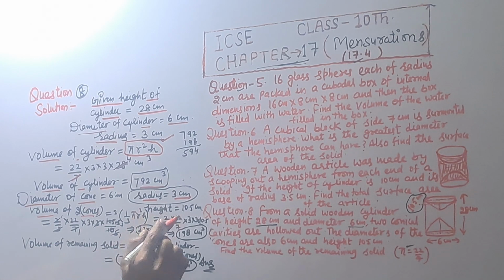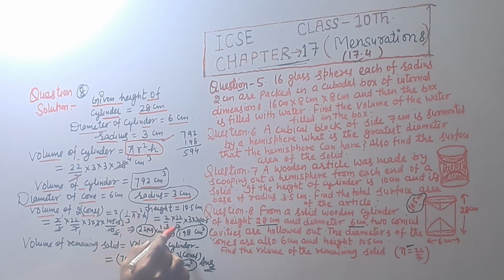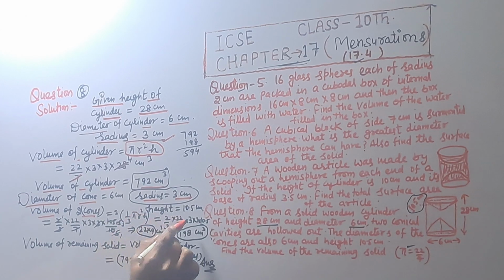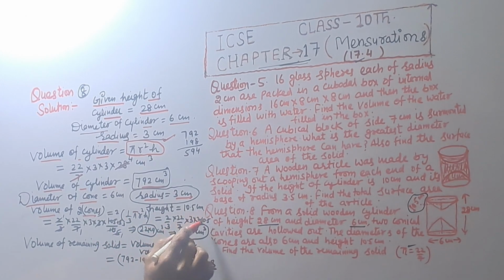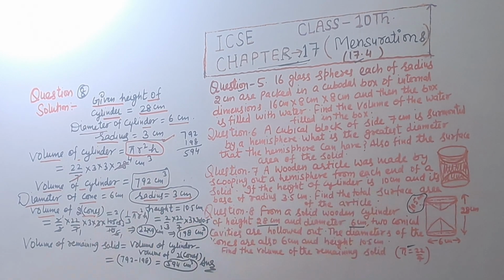That is 2 upon 3 into pi. Pi is 22 upon 7 into radius is 3 into 3 into height is 10.5 centimeter.